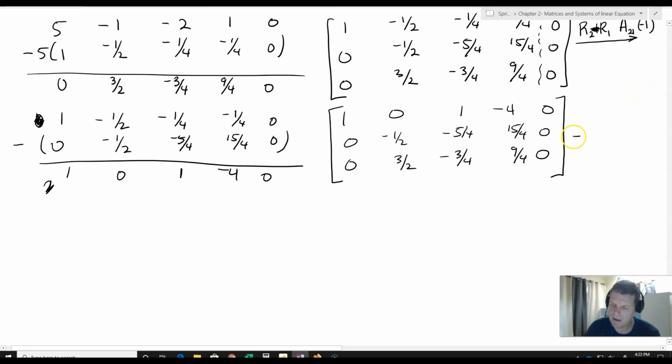Now that I have that, I'm going to add 3 of row 2 onto row 3. Again, kind of the same idea. If that second column's all in terms of halves, why change it into a 1? Because you're just going to change it back.